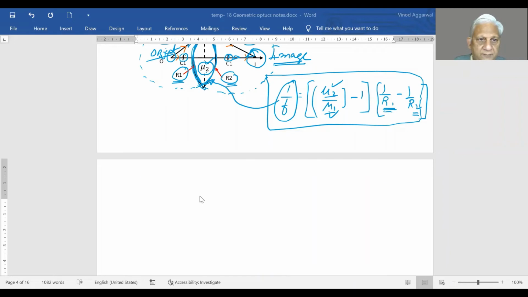For lenses, our formula is this. This is the focal length of the lens.